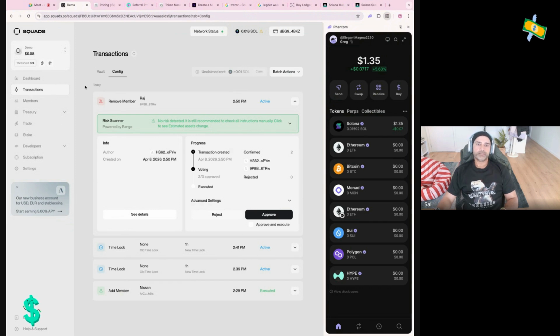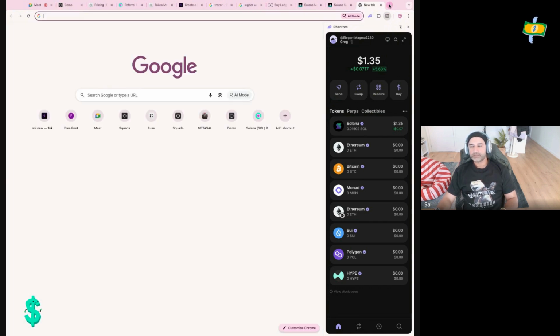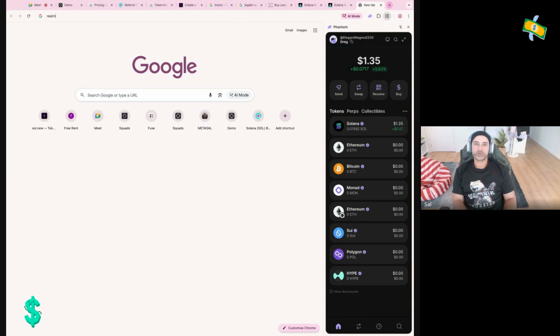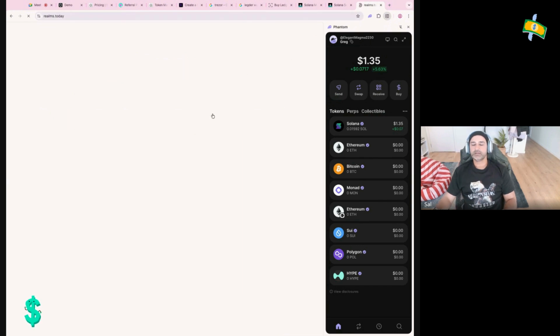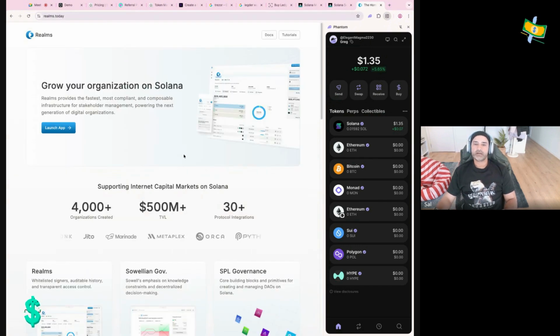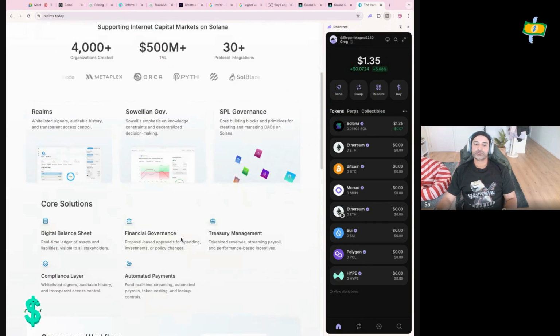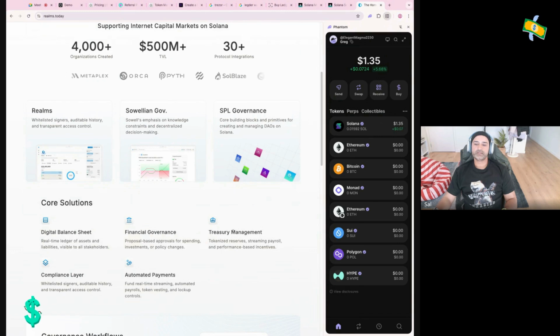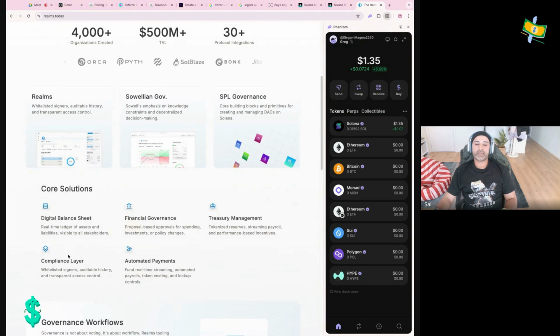Now, to wrap up, just to make sure that we're not just talking about Squads as the only option in the world, there's another app called realms.today. This is a governance product that is also on Solana, and it allows you to manage your treasury, govern financial governance, and basically have bank accounts.